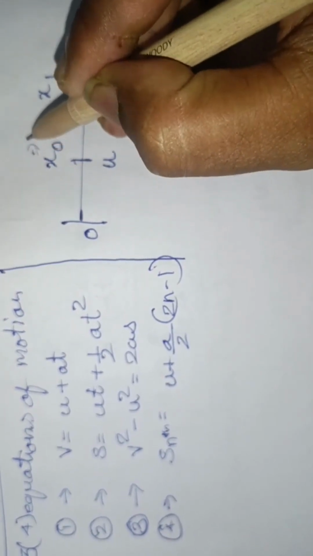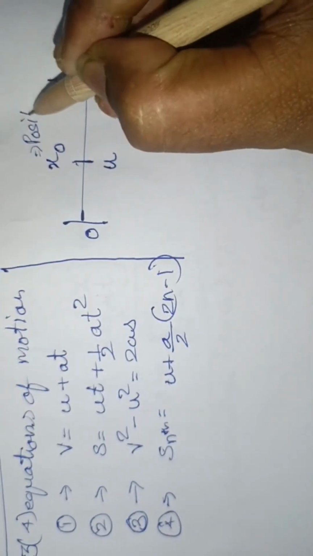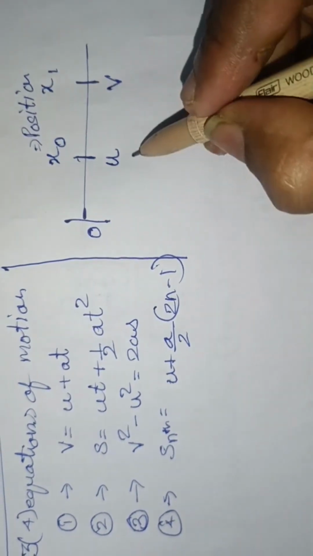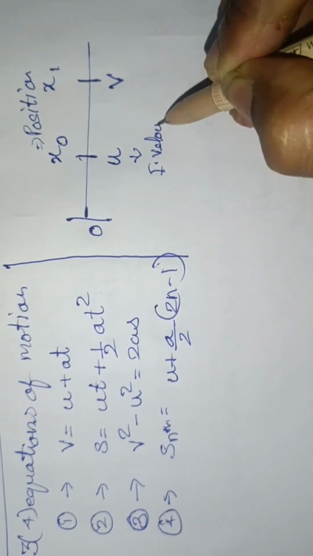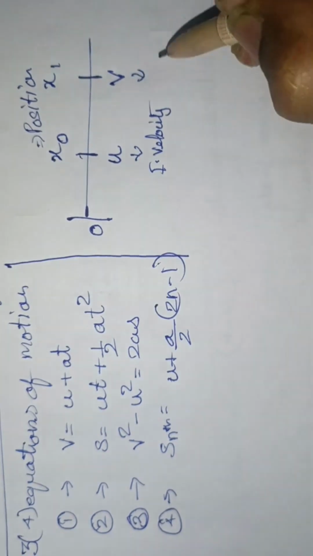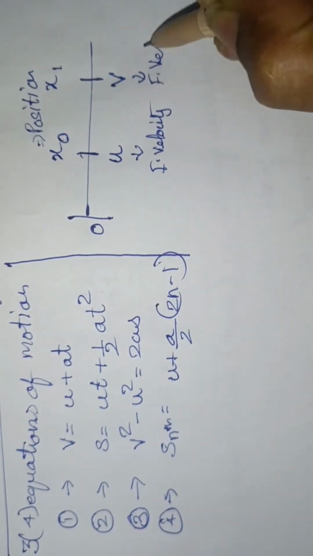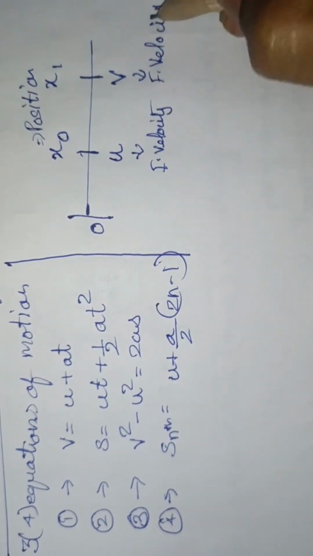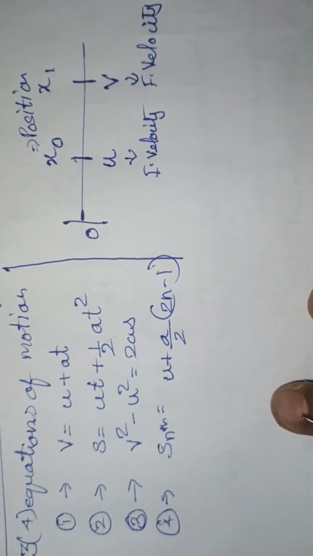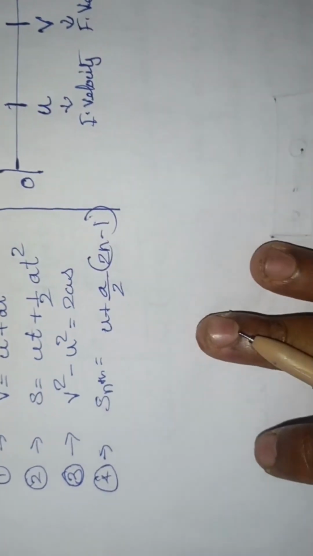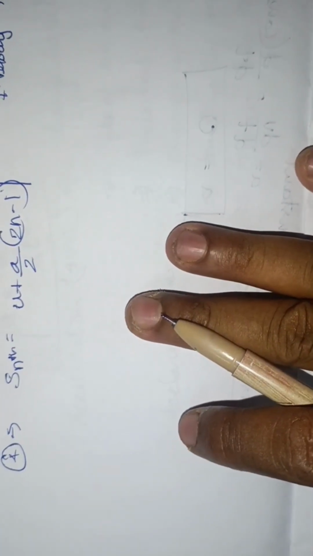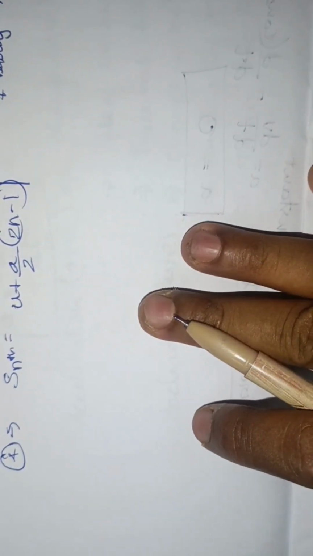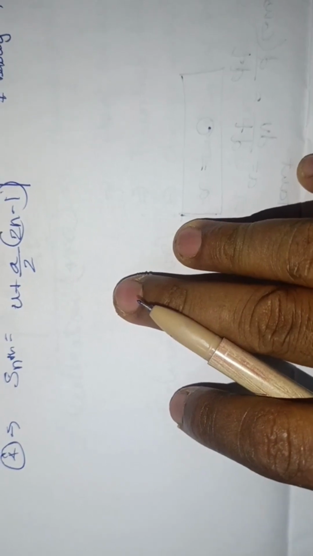So this represents the position, this represents the initial velocity, and this represents the final velocity. I hope you will be very clear. With this diagram, we can elaborately speak about the next concept, that is the first equation of motion. So let me start with the first equation of motion.